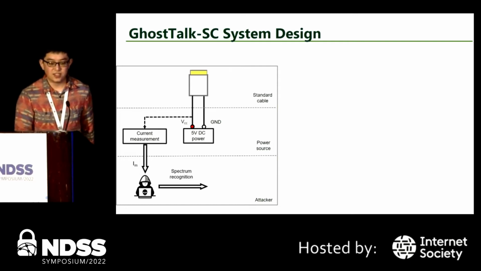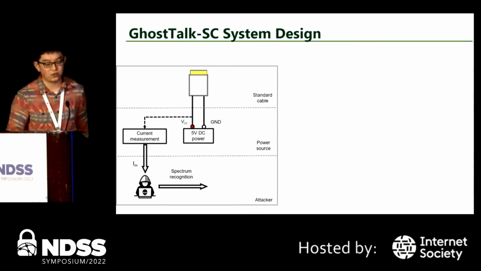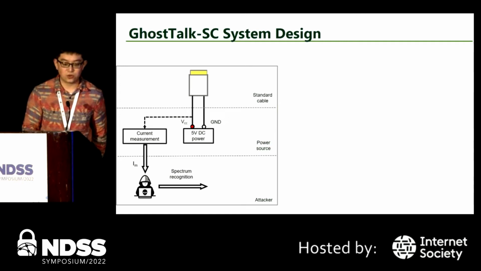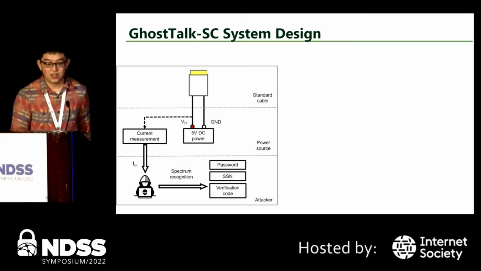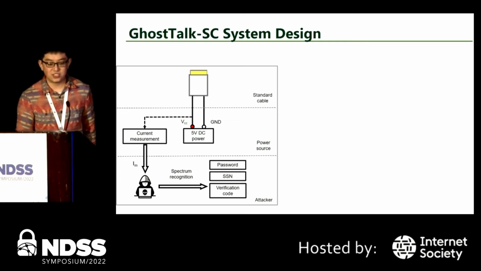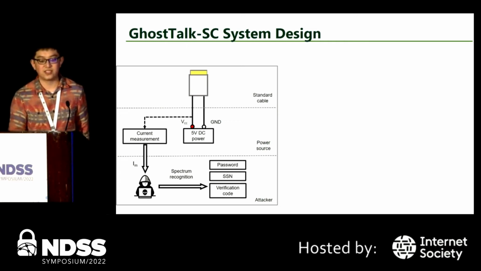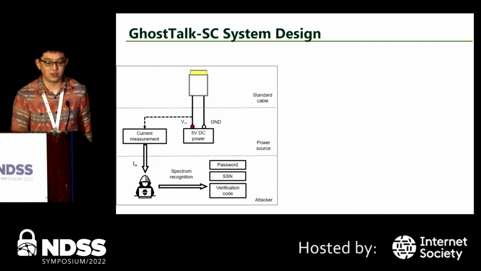But since the extracted audio signal is too noisy and human ears cannot distinguish it, to address this issue, we use a CNN model to recognize some sensitive information, like spoken digits, to hack a password, SSN number, or some verification code.